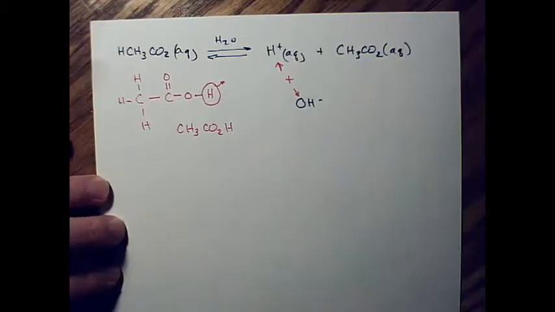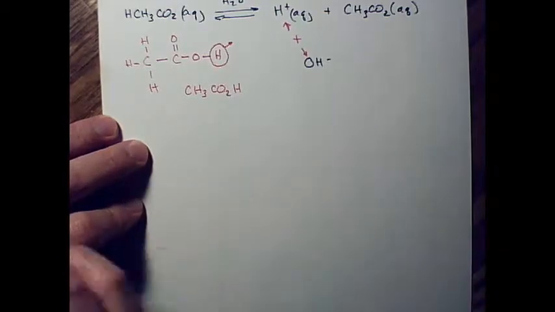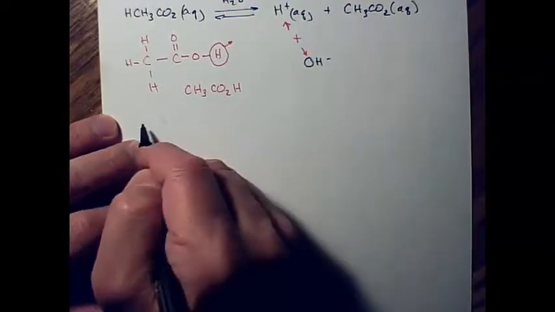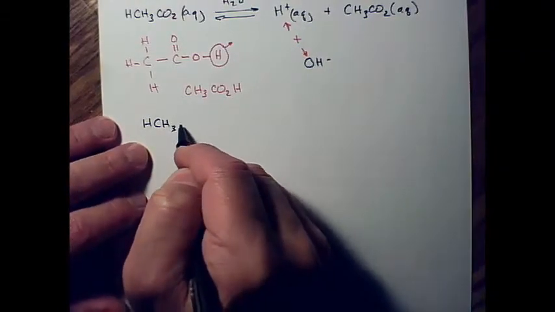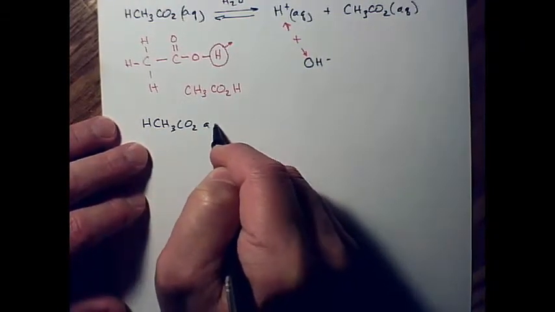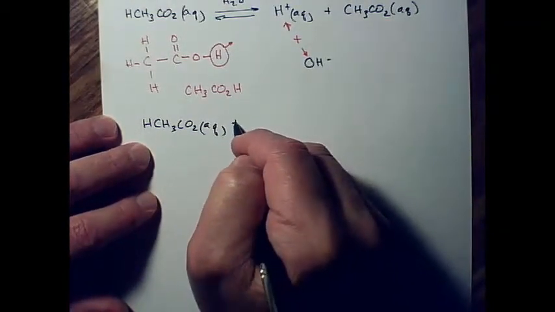Okay? Now, let's write the Bronsted-Lowry version of this, and I'll show you what that looks like on a pH curve. Okay? So here's our acetic acid. And we're going to react it with water.